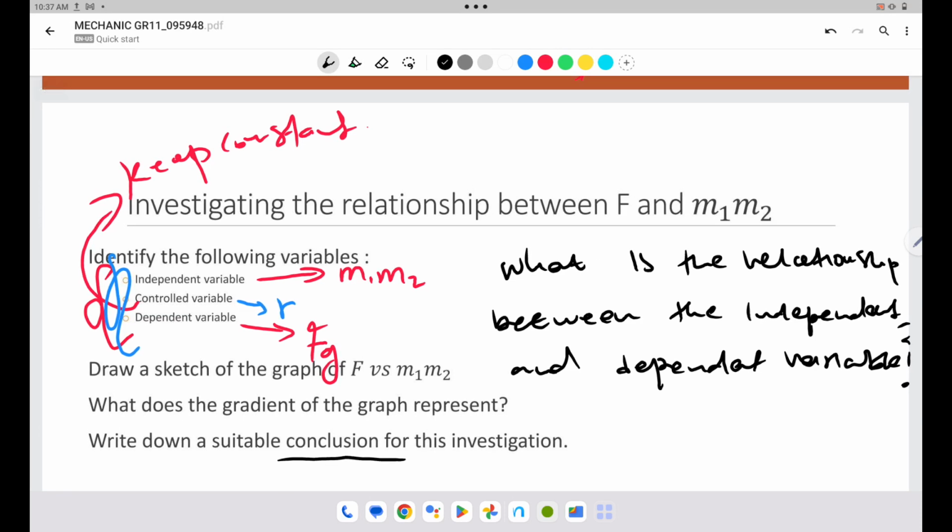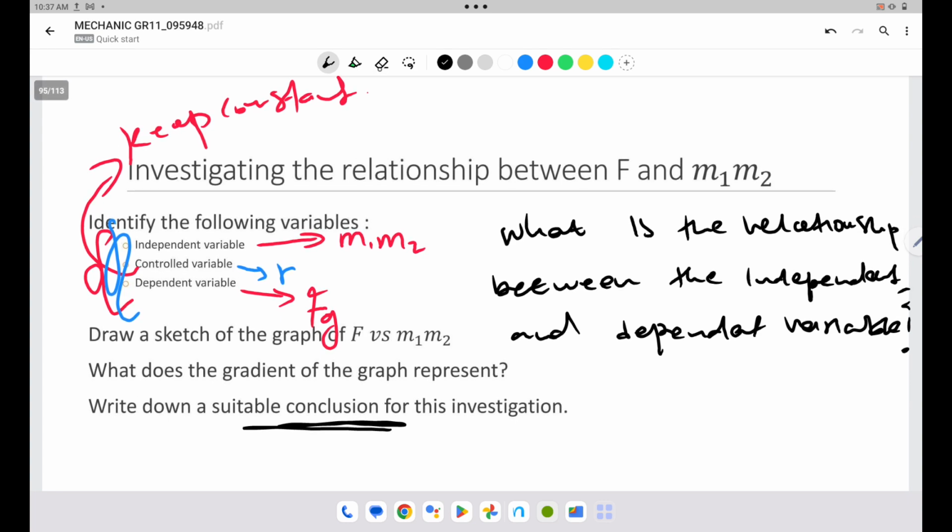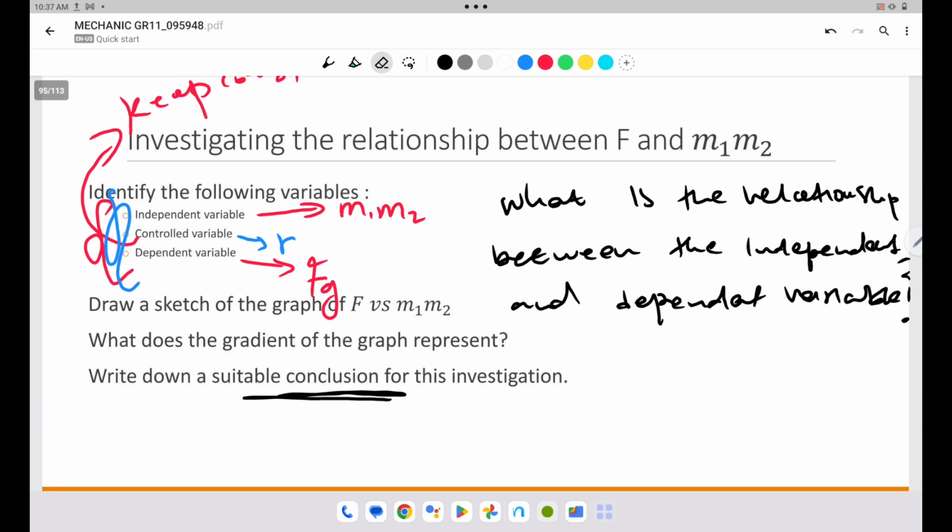Now, when you write a conclusion, it is what is true. It's what you obtain from the investigation. When you write this, I need you to be careful with it. I want you to follow cause and effect. For example, if you say, if you drink poison, you will die.